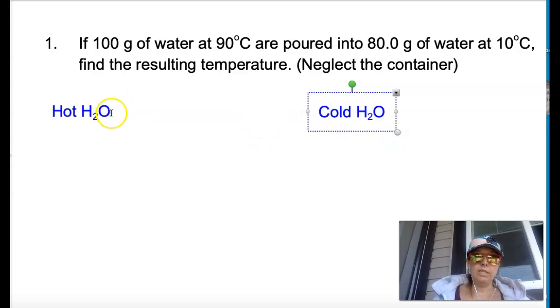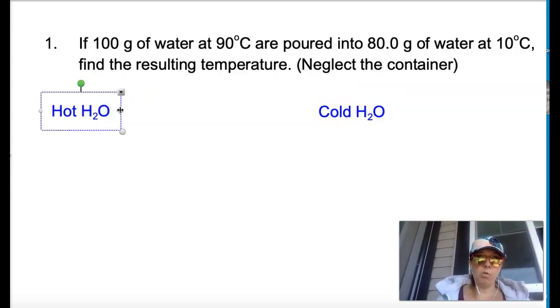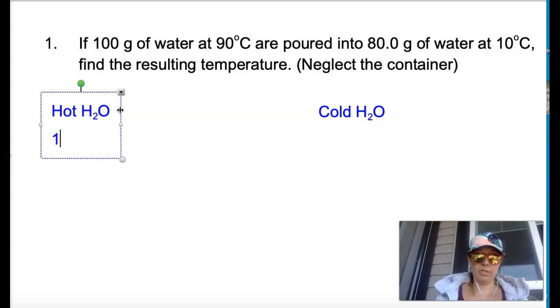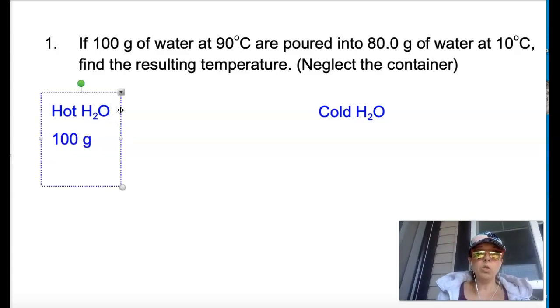When we start listing what we have for the hot water, we had 100 grams of that, and I was told it started at 90 degrees.